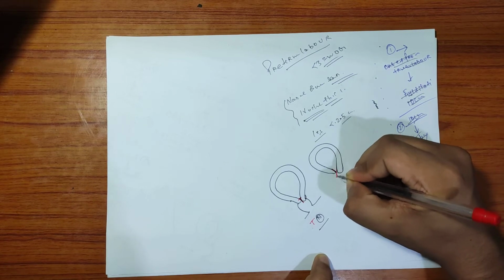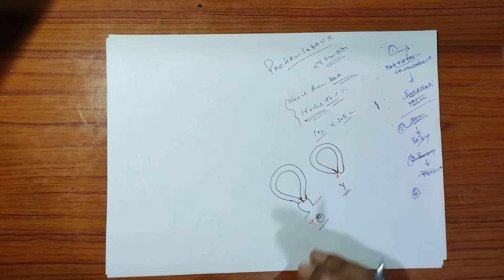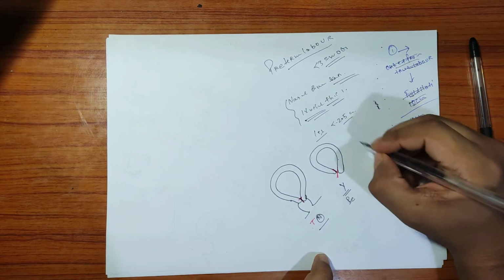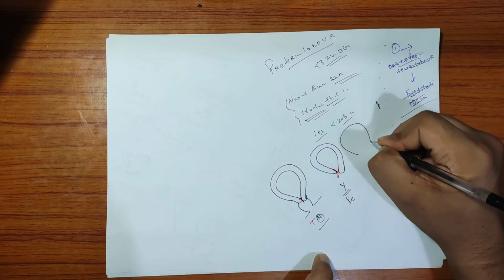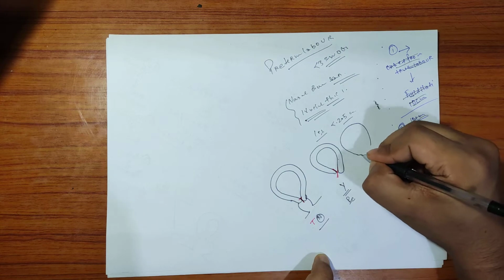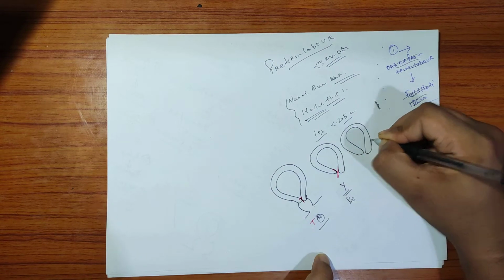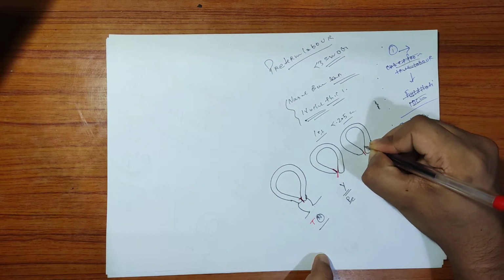Can you guys make it out? So this is a Y, the beginning. Then we have the intermediate state, in which we are able to see a V shape.